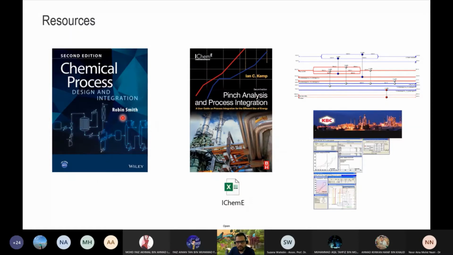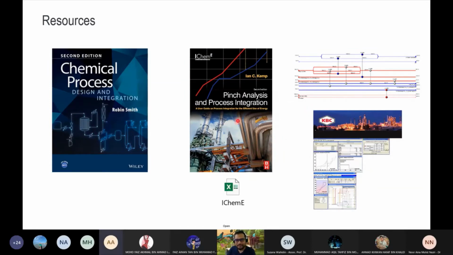Robin Smith is at the University of Manchester nowadays. This is his second edition, Chemical Process Design and Integration. For students, I always say these textbooks are very important. You have to have it and sleep with it, and by the end of your fourth year or master's, you have memorized it from cover to cover. That's what I always say.